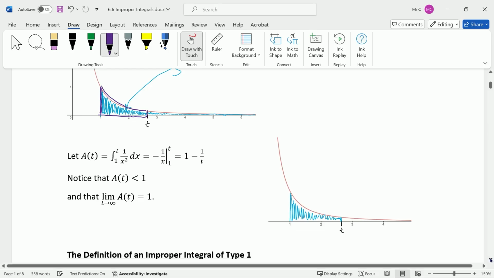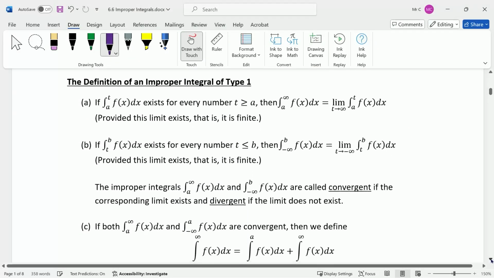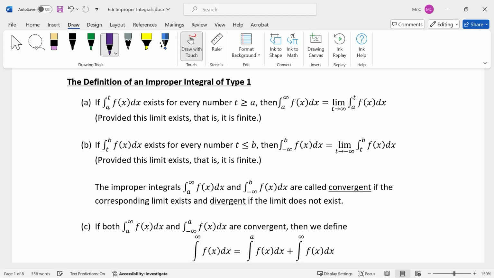Okay, so let's actually properly define this thing. The definition of an improper integral of type 1 is that if the integral from a to t of f of x dx exists for every number t greater than or equal to a, then the integral from a to infinity of f of x dx means the limit as t goes to infinity of the integral from a to t of f of x dx, provided this limit exists.